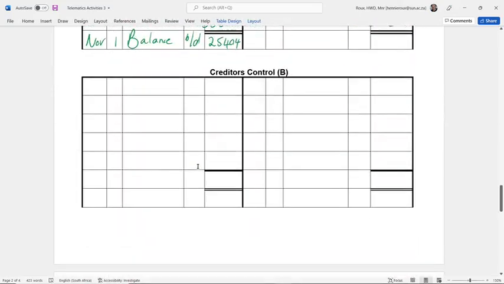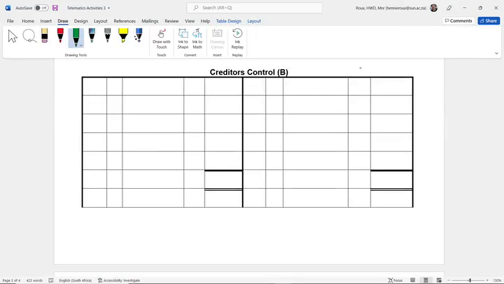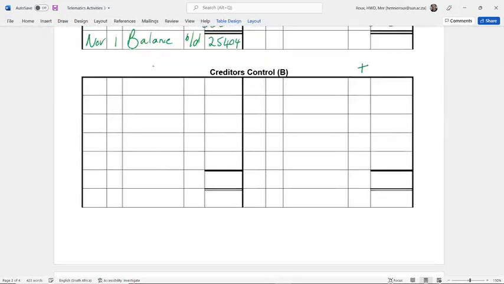Creditors control, now we must remember creditors is a liability. So it will increase on the credit side, decreases on the debit side. Therefore, it must start with the credit balance, always. 15,430 given.